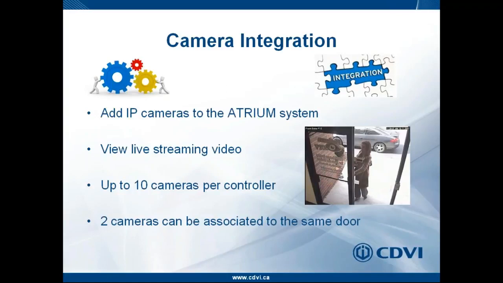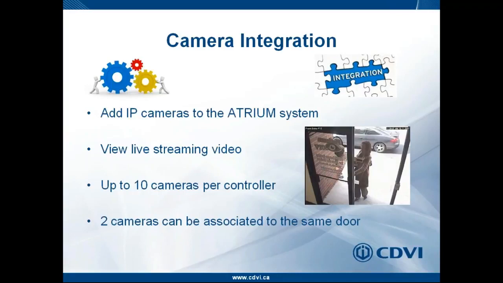If you want, you can associate 2 cameras to the same door. In other words, I have a camera inside and I have a camera outside of that same door in the system. We can do that. However, I am still limited to a maximum of 10 doors or 10 cameras per controller.